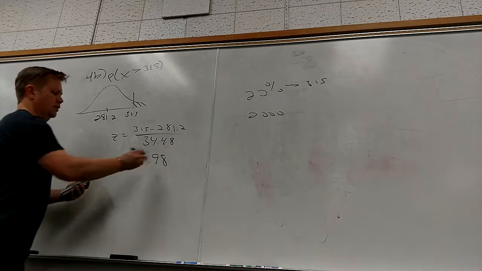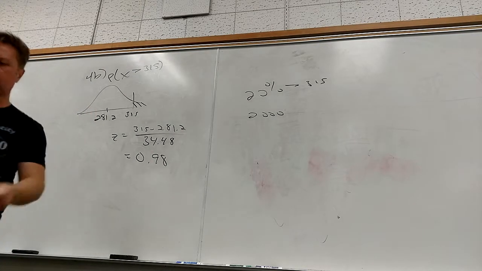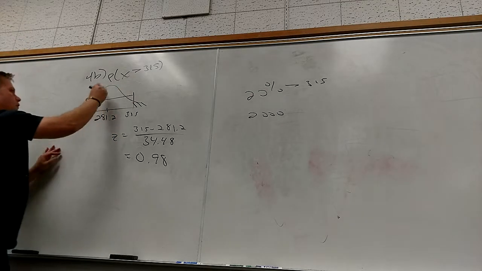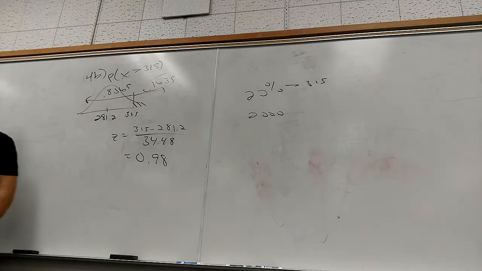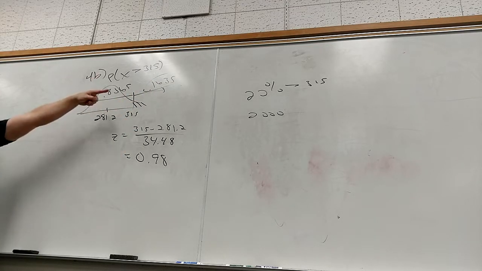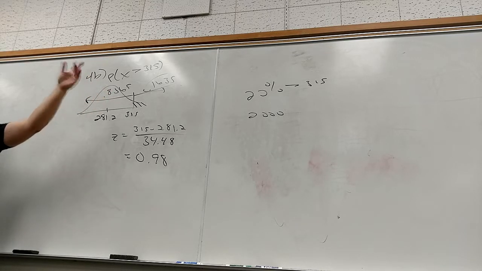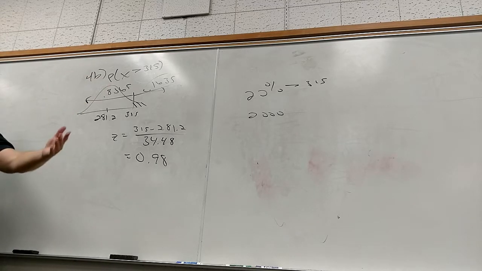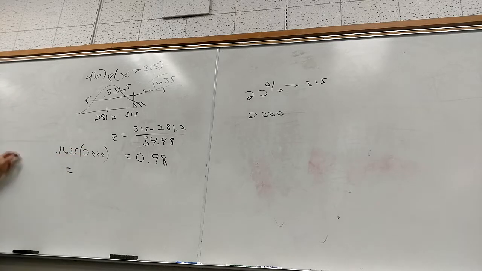And then if you look up 0.98 in the chart, 0.8365. So then it sounds like you're right. That'll be 0.1635. I like it. So then for, now there's 2,000 kids, I expect 16.35%. So then I just take 16.35% of 2,000. 327, yep. So I would expect 327 to score more than 315.